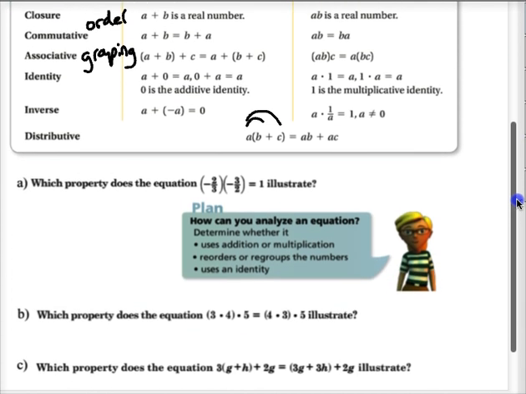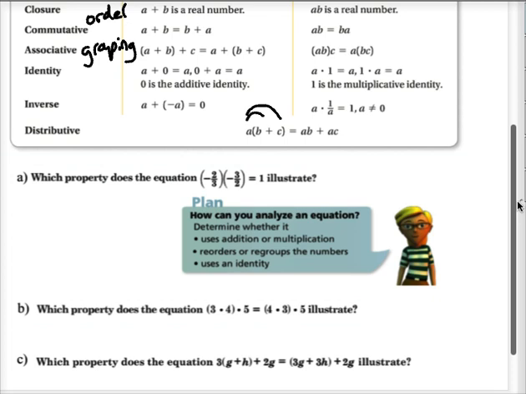All right, which property does the equation -2/3 times -3/2 equals 1 illustrate? It's illustrating two things multiplying to become 1. First of all, you're multiplying something by its reciprocal, so we're talking about the inverse.